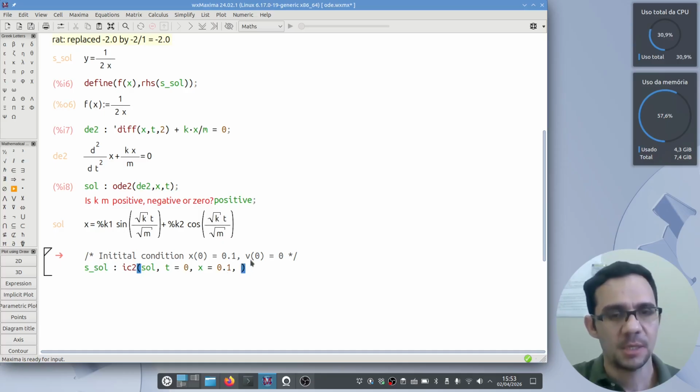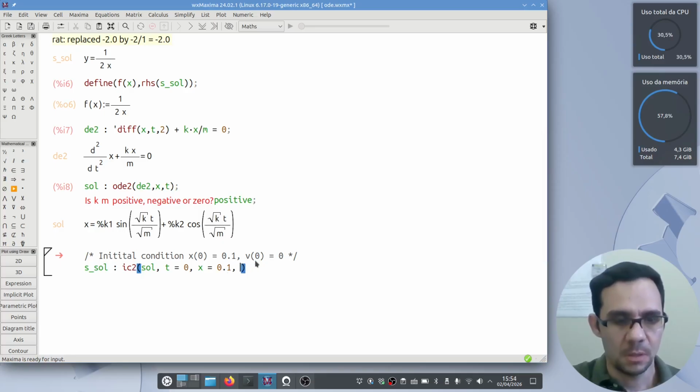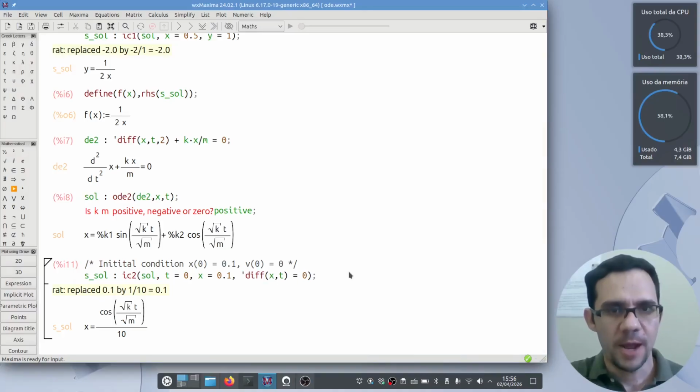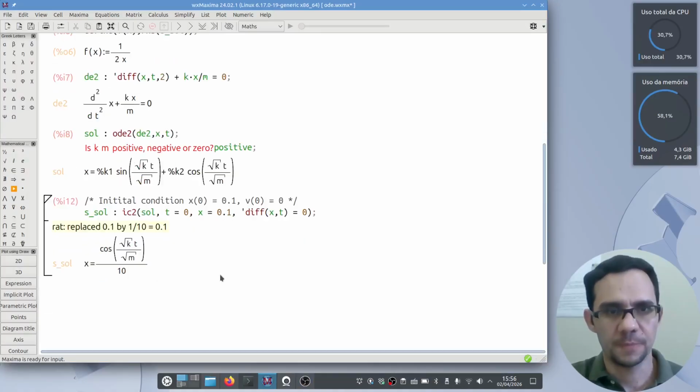In this case, this is the velocity. So diff of x with respect to t is going to be 0 in this case. Oops, something's wrong. Sorry, I forgot the prime here before diff. And now it gives me the solution.